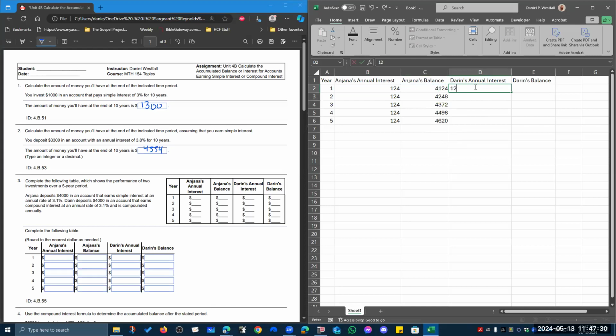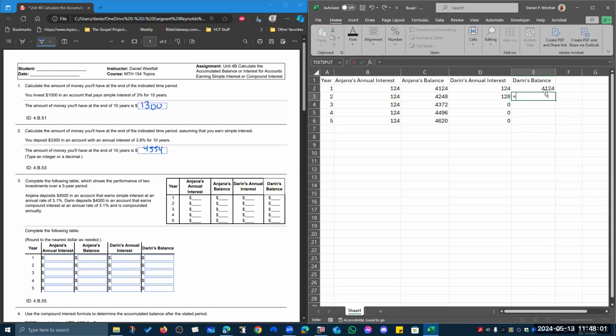And Darren is also going to earn $124 in the first cycle and have a balance of 4,124. But then what's going to happen is that we're going to take the 0.031 times this balance up here, and we'll figure out what those are in just a second.